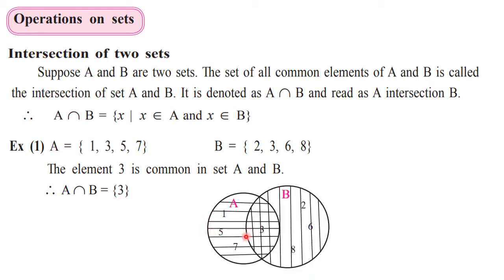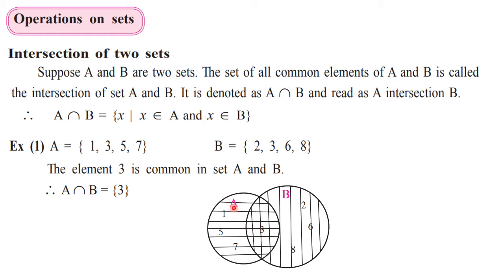Now, if we want to represent it by using Venn diagram, then we have to represent it like this. We have to draw two intersecting circles. Why? Because some part is common. That means one element is common here. So we have to draw these two intersecting circles, and this intersection part shows us the set or the part which is A intersection B. So 3 is a common element, that is why it is written only once here.